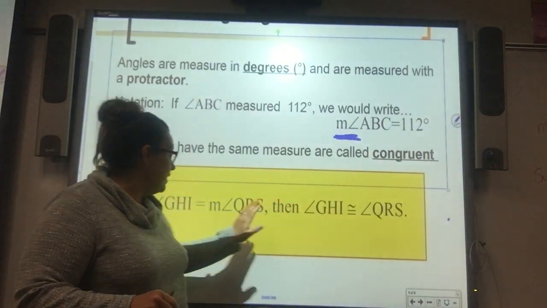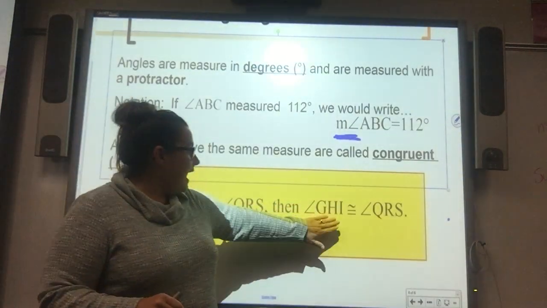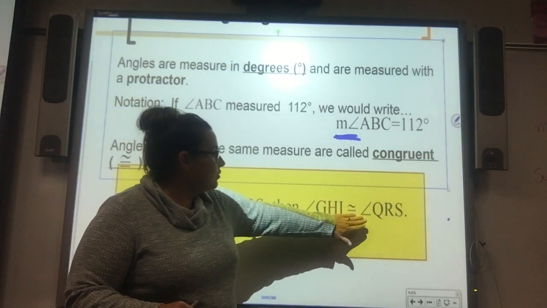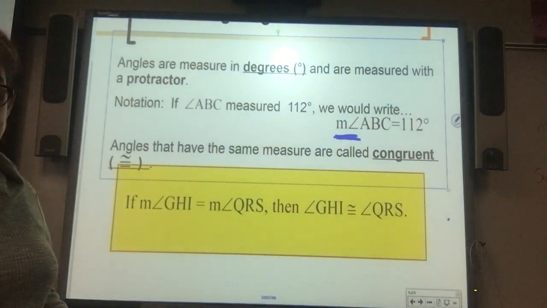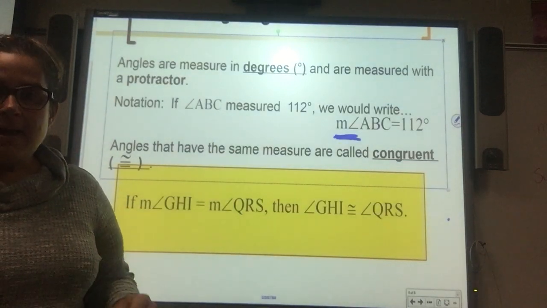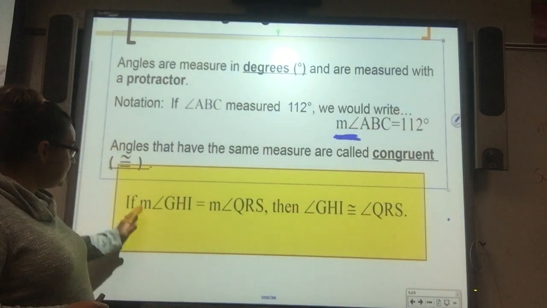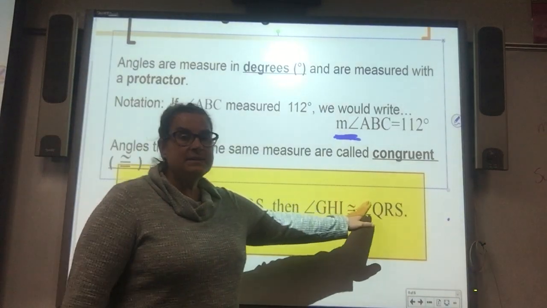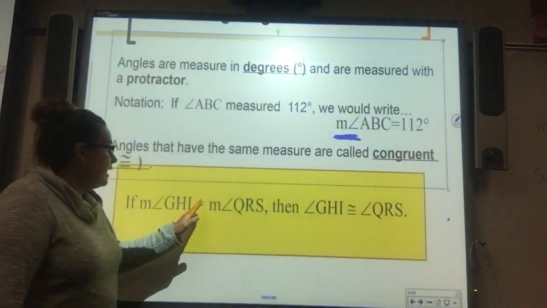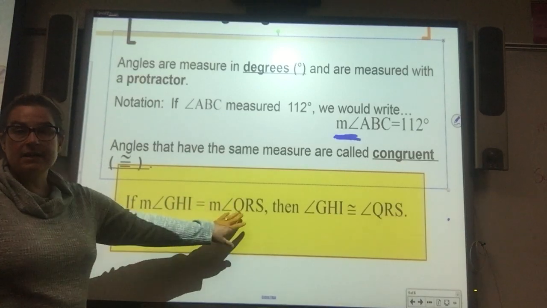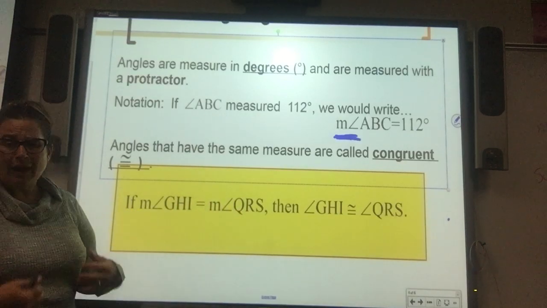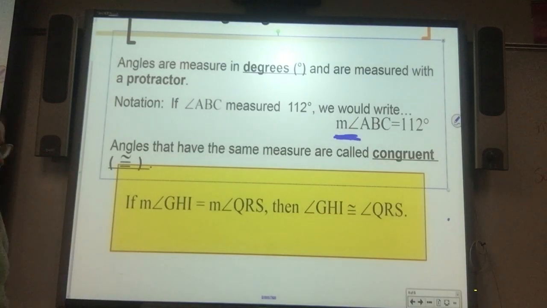So this is naming it, this is measuring. Naming it matters. Pay attention to the details. Congruent statements are names. Equations are measurements. These two represent measures, actual numbers.